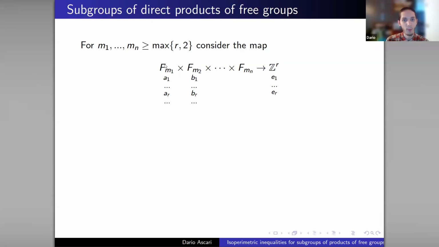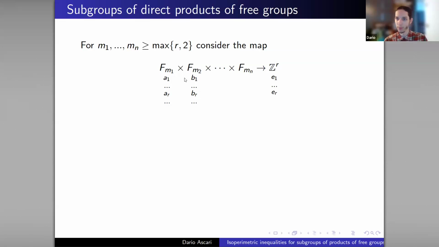Well, if F_{m1} is generated by a1, ..., a_{m1}, then a1, ..., ar are sent to e1, ..., er, where e1, ..., er is the basis for Z^r. We send a1 to e1, ..., ar to er, and the other a_{r+1}, ..., a_{m1}, we send all of them to 0. Okay? And similarly, if F_{m2} is generated by b1, ..., b_{m2}, then b1, ..., br are sent to e1, ..., er, and the others are sent to 0.